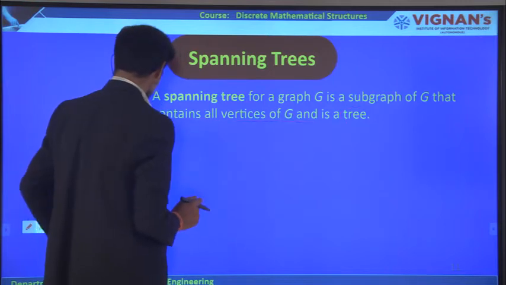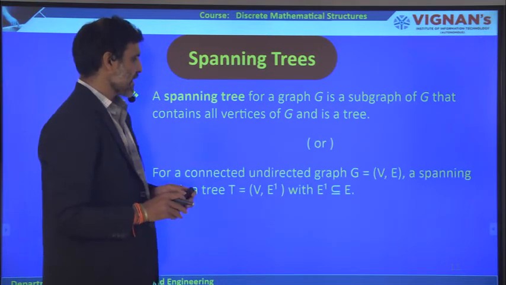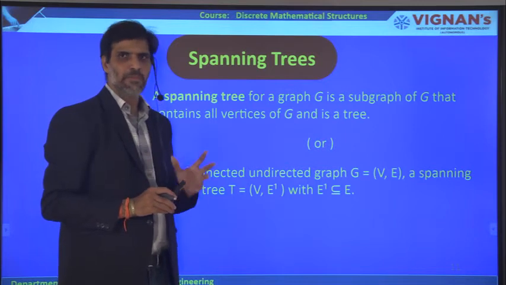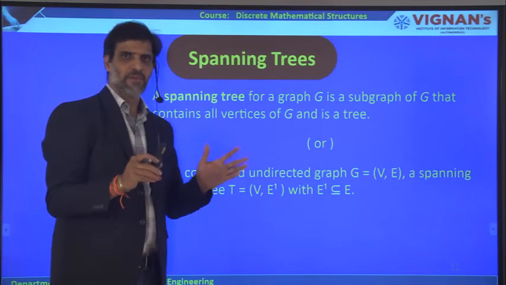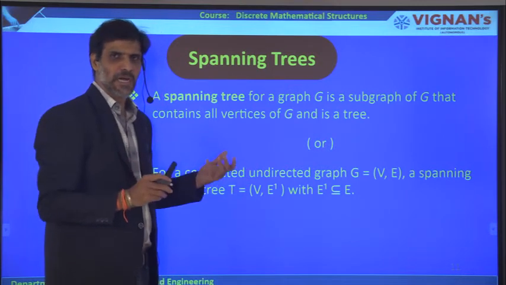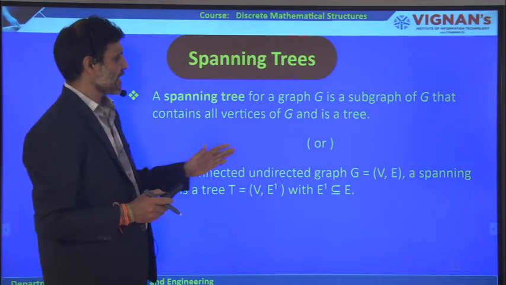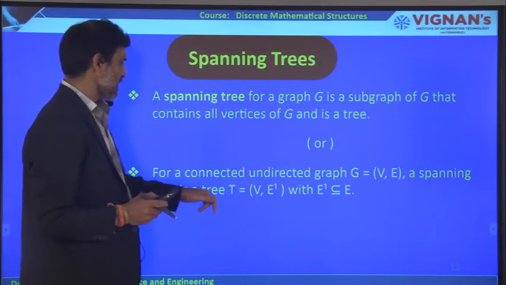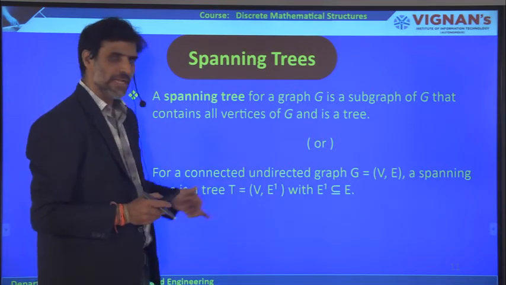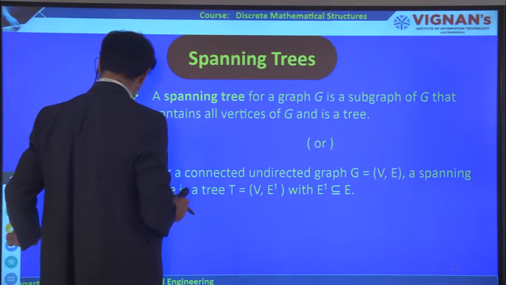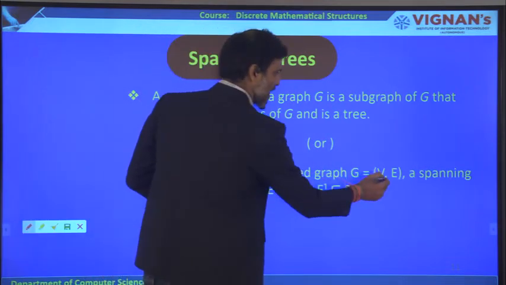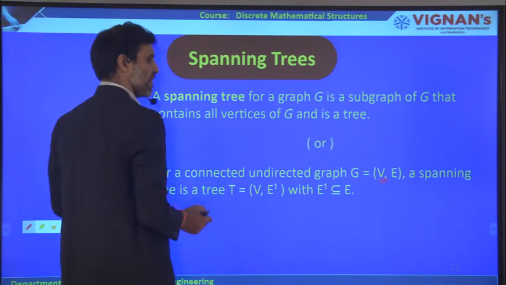So let us try to understand this. For a connected undirected graph, you know what a connected graph is: every vertex is connected with other vertices. So for an undirected graph G, a spanning tree is a tree which consists of V comma E dash. The definition is given here in a mathematical way. The graph has V number of vertices.